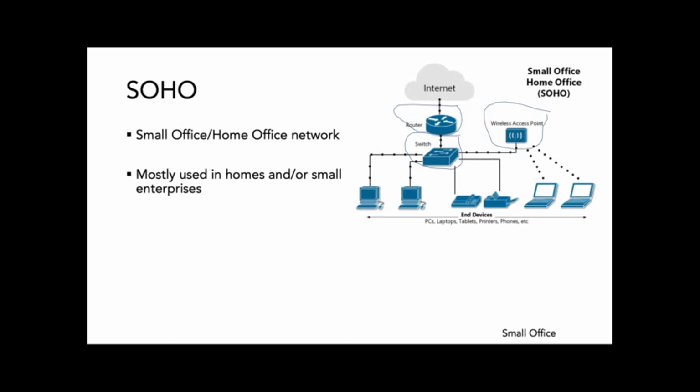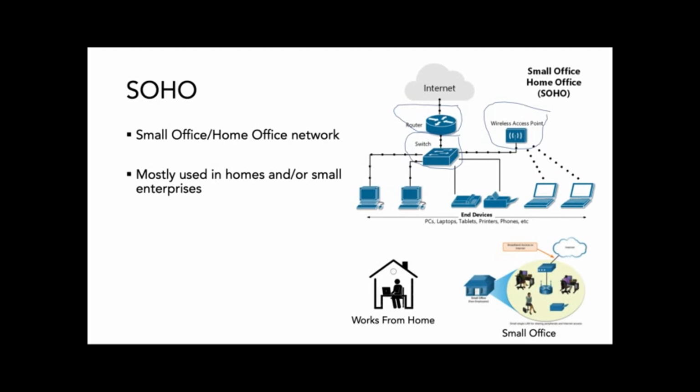So the term SOHO refers to two most common cases. For example, a user who works from home, or a small office with a small number of workers and devices. It is actually meant for use in small businesses. So SOHO networks are small LANs, you can say, with fewer than 10 devices.